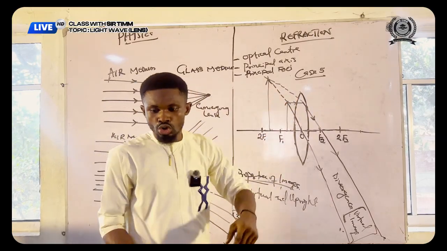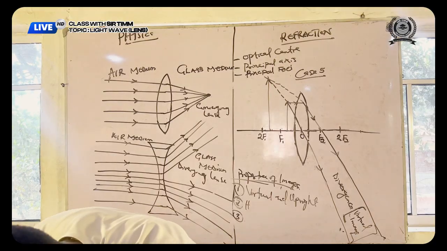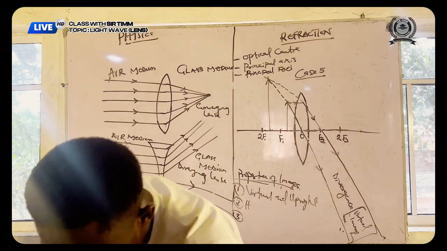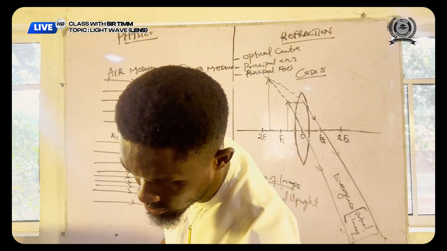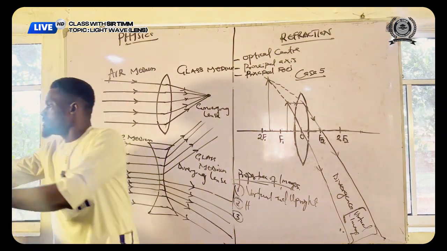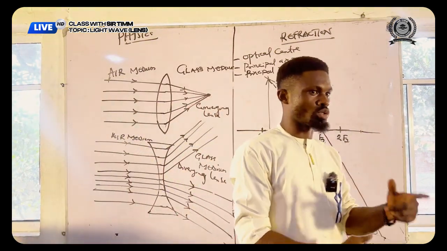Use your ruler and trace it for me, keep it straight like this. Then move it, meaning that it should form behind the mirror. That would be the lens. But what I want to know is whether it's highly magnified or just magnified.